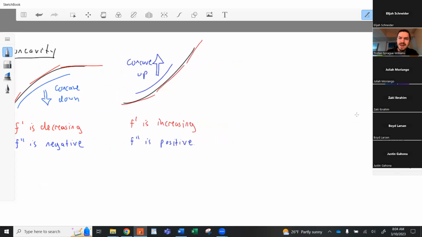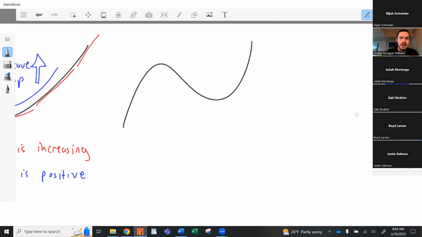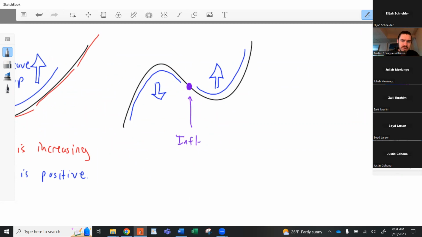Okay, it's possible to have a curve that does something like this, for example. And in an image like this, you might have concave down, and then it switches to concave up. And at that point where the switch occurs, that point is called an inflection point.